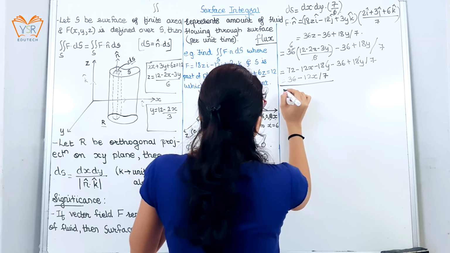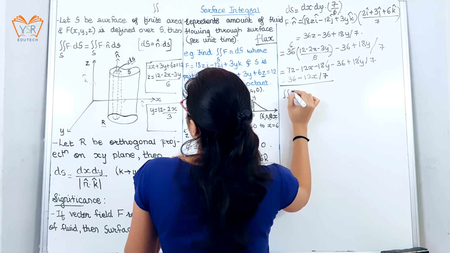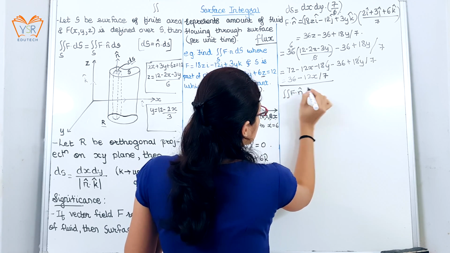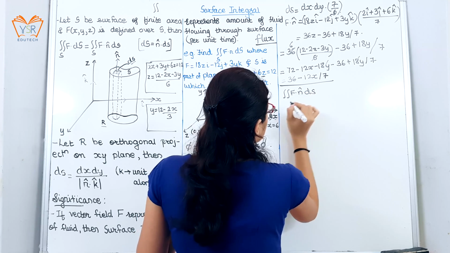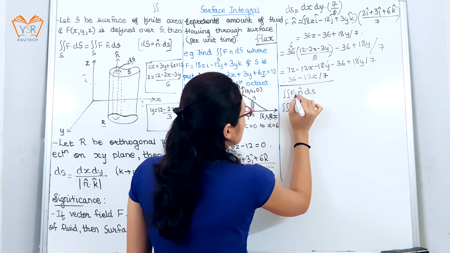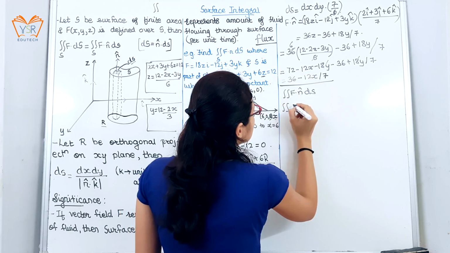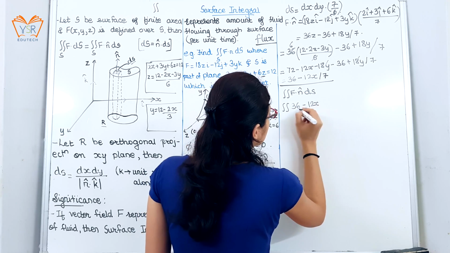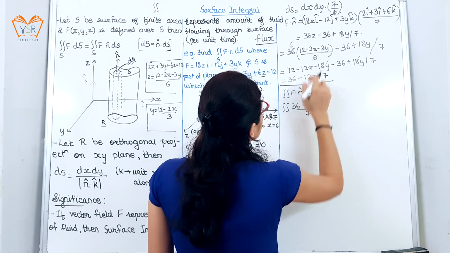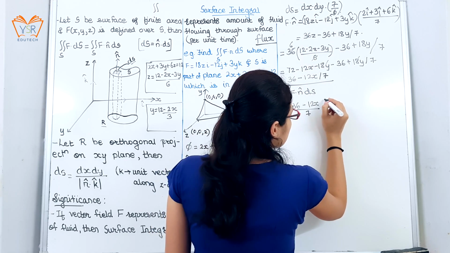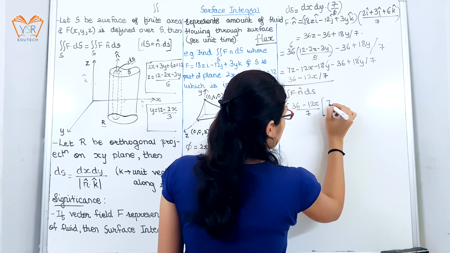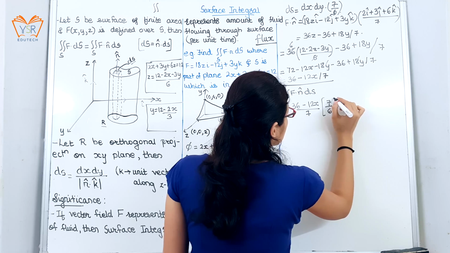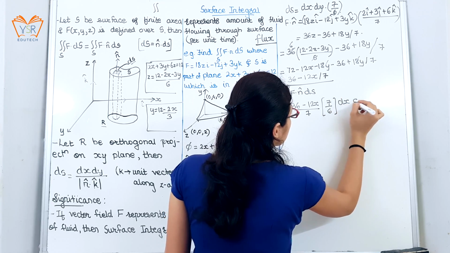So here we get f dot n cap is 36 minus 12x divided by 7, and ds is 7 by 6 dx dy.